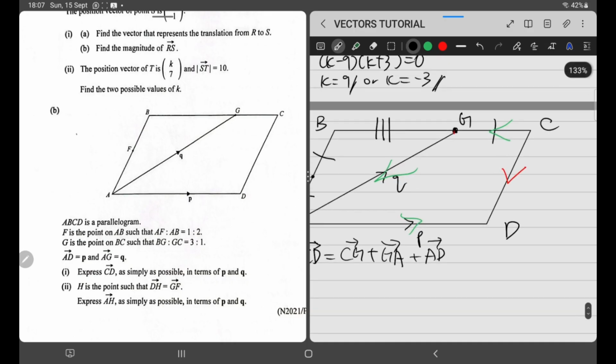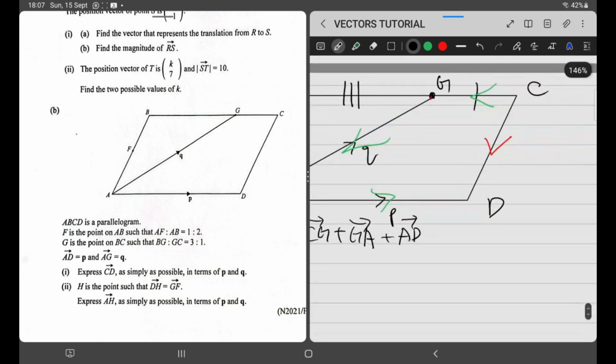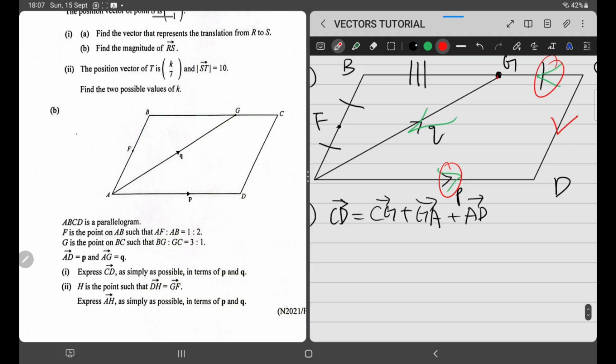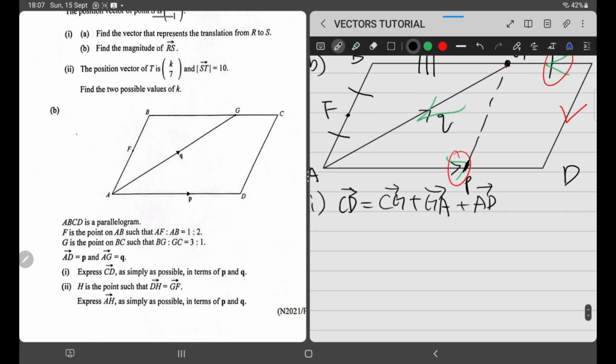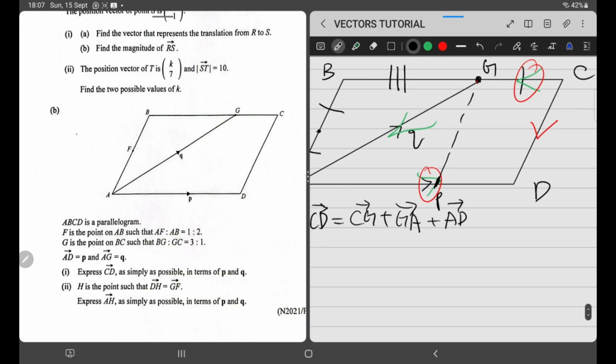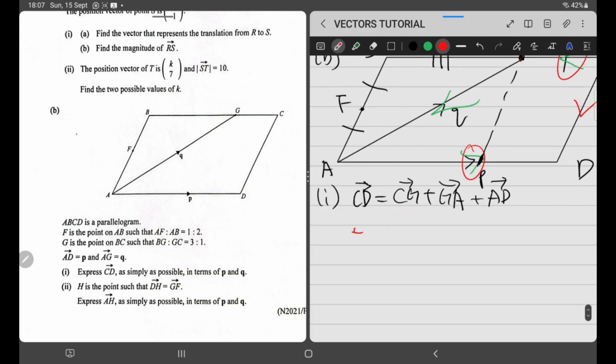And you know that C to G, you compare this vector to this vector over here. First off, CG is 1/4 the length of AD, right? That's 1. So CG is 1/4 the length of AD.